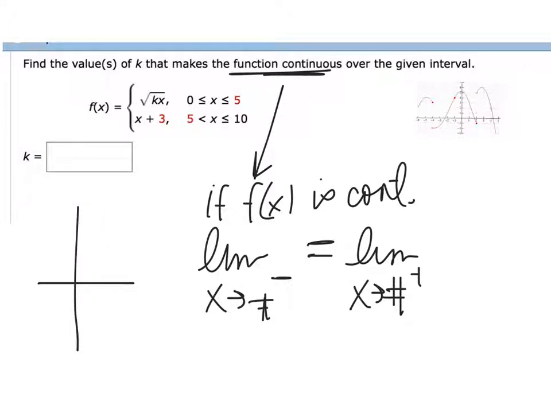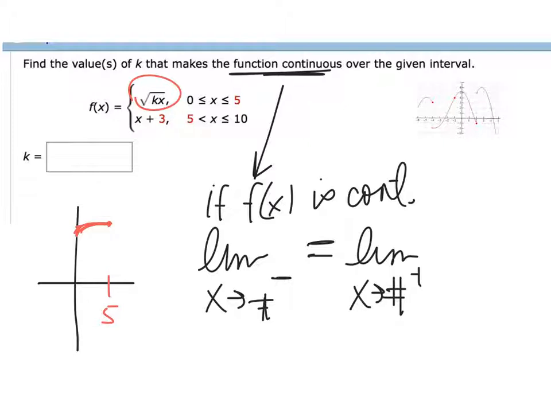Let's say that's x equals 5. The graph could be like this and the line like that, which makes it discontinuous because there's that hole there. Or the line could be up here, which still makes it discontinuous because there's that hole there.